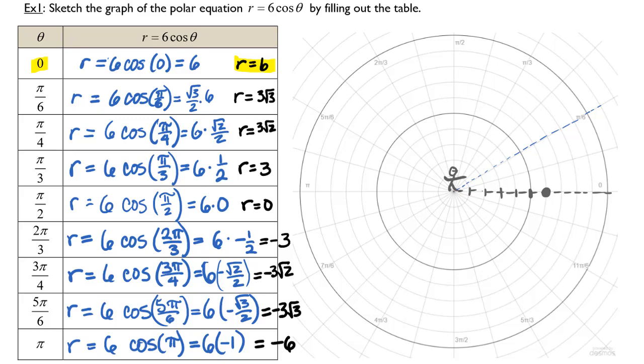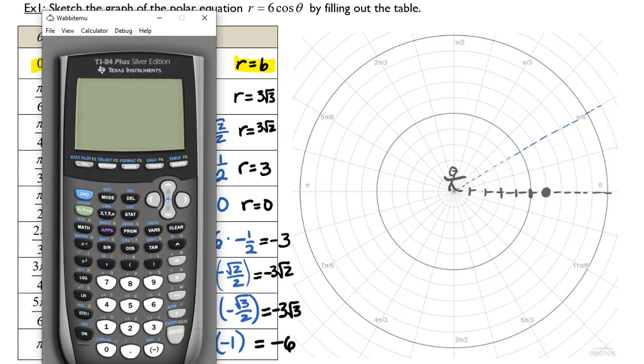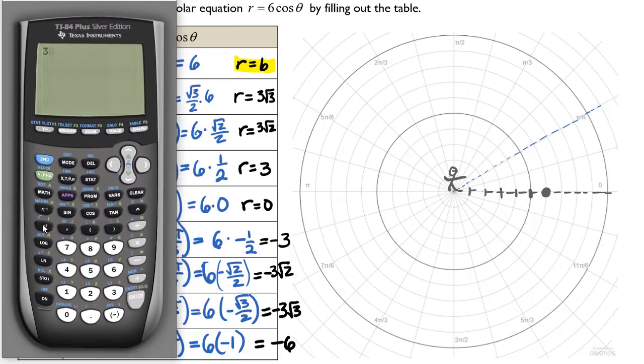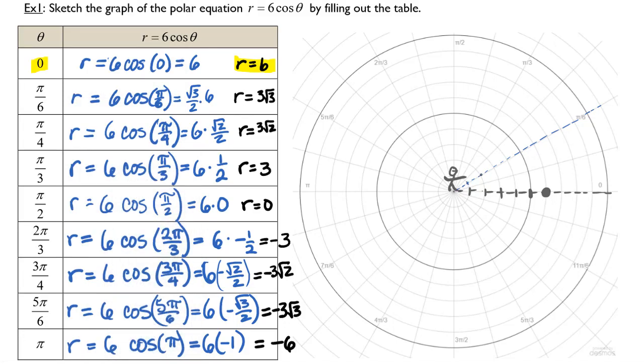Some of you might not be familiar with that as a unit, so I'm going to quickly work out what that value is. 3 times the square root of 3 gives me 5.19. I'll round to 1 decimal place, so 5.2. 1, 2, 3, 4, 5.2. So it's just a little bit past 5. There's my next point.